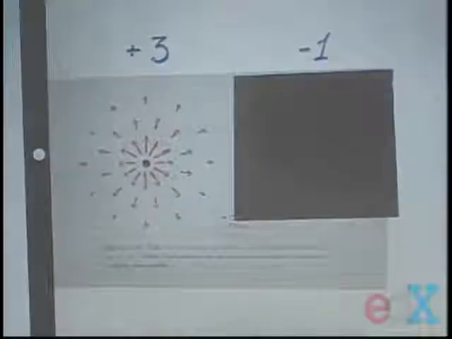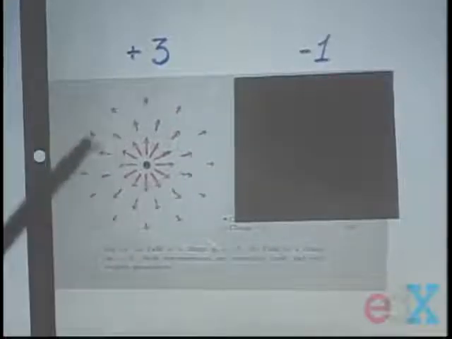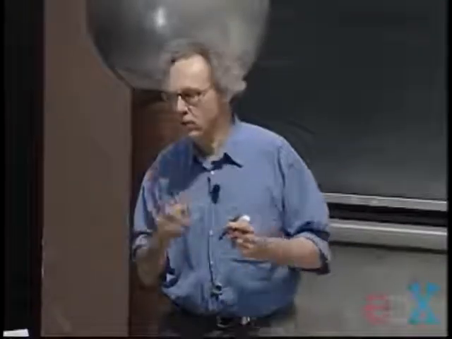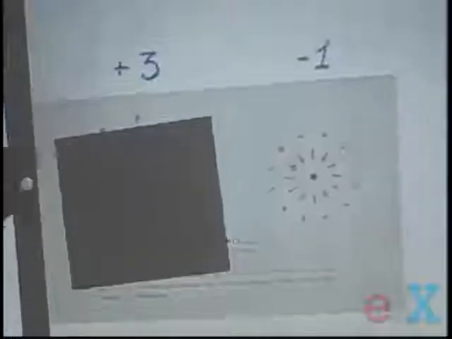The basic idea is here you see the field vectors, and the direction of the arrow tells you in which direction the force would be if it is a positive test charge, and the length of the vector gives you an idea of the magnitude. And here I have another charge, -1. Doesn't matter whether it is -1 Coulomb or minus micro Coulomb, it's just a relative representation.